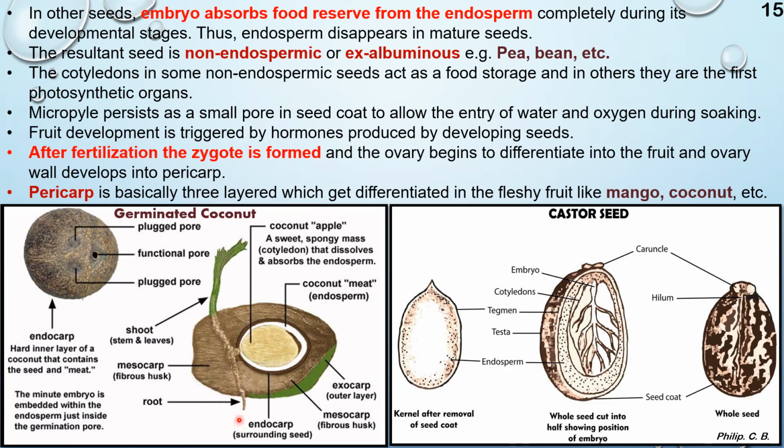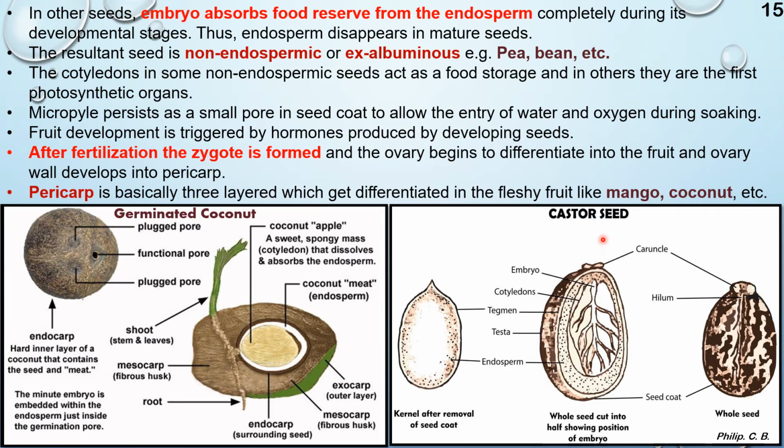Over here we can see the root, the mesocarp which is the fibrous part, the shoot, the stem and leaves, and the coconut apple, the inner part which we can consume, a spongy, sweet mass. The cotyledon dissolves and absorbs the endosperm, and the coconut meat is the endosperm. Exocarp is the outer layer, mesocarp the fibrous husk, and endocarp surrounds the seed, which is the hard part of it.